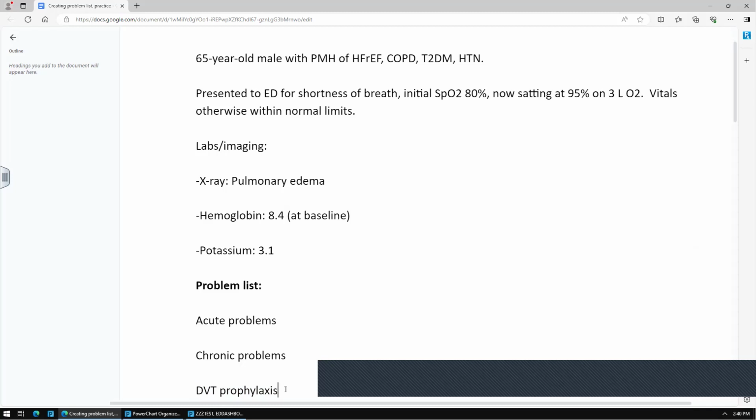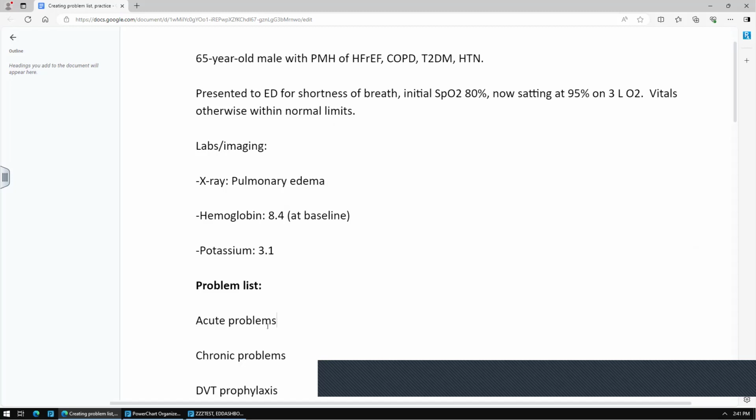But looking through this, we can see these are his chronic problems, so those would go under here. And then as far as acute problems, you need to come up with your diagnosis if that's possible. For this case, looking over the case, my thinking is that since he has a history of heart failure, and everything points to that, that's what I'm calling it.